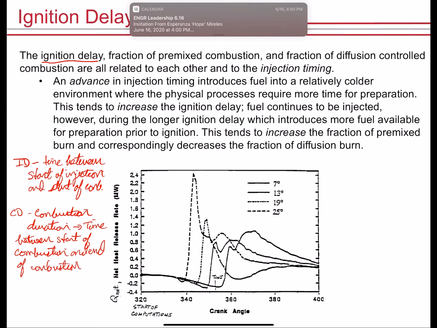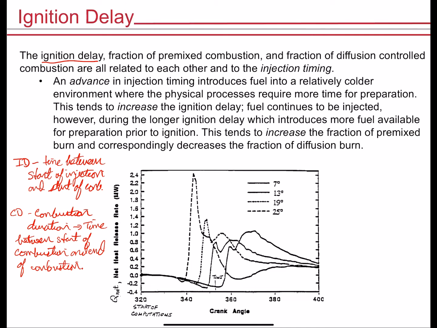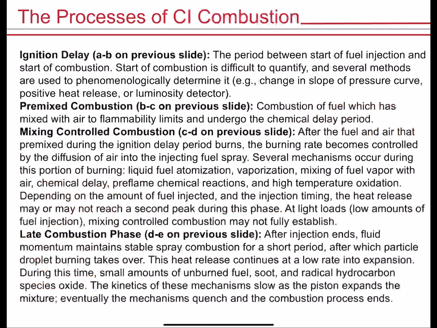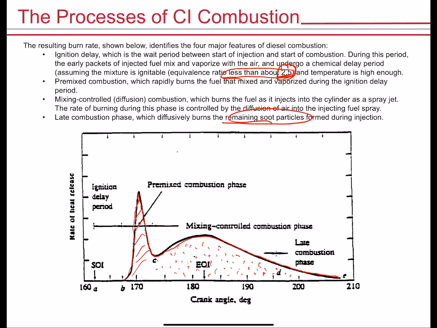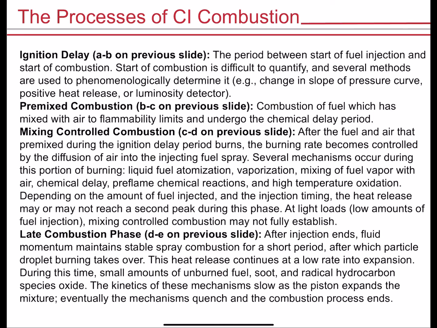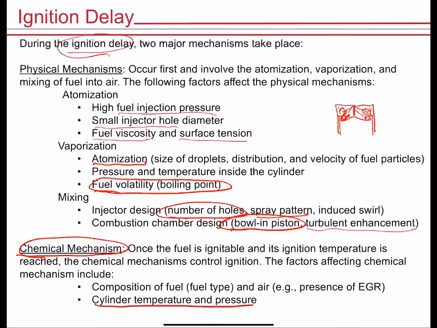So if I increase the extent of my premixed burning, you can already tell that premixed burning burns relatively faster than diffusion burning, right? Look at the amount of time this takes compared to the amount of time this takes. If I increase my premix burning, I decrease my diffusion burning.